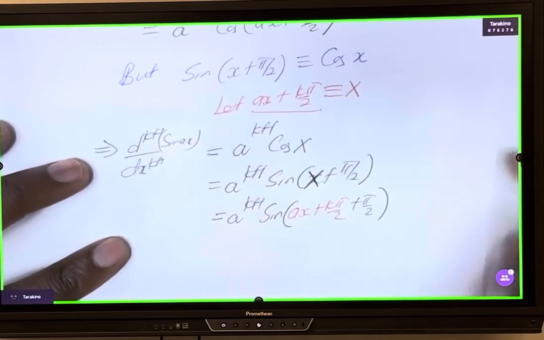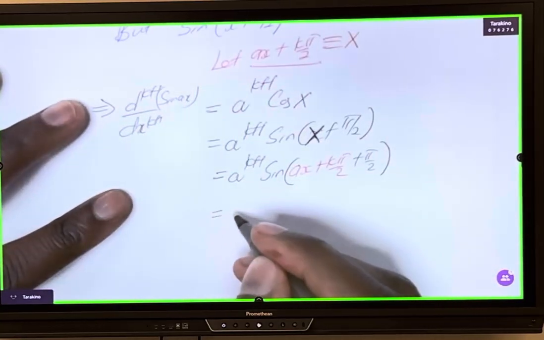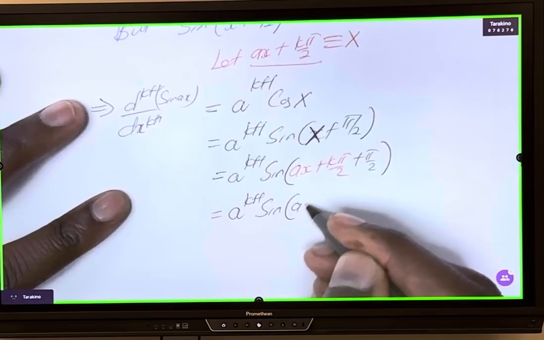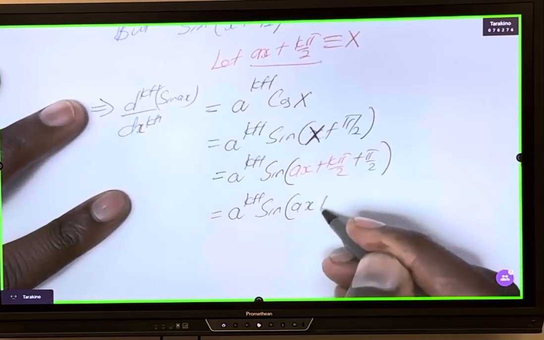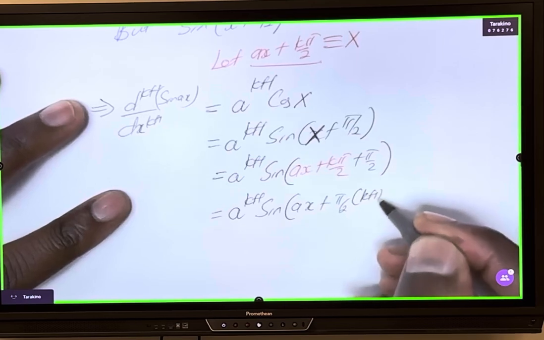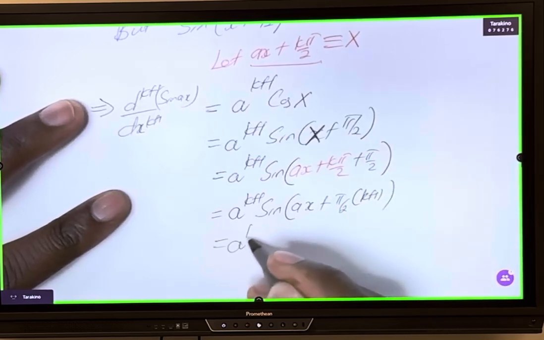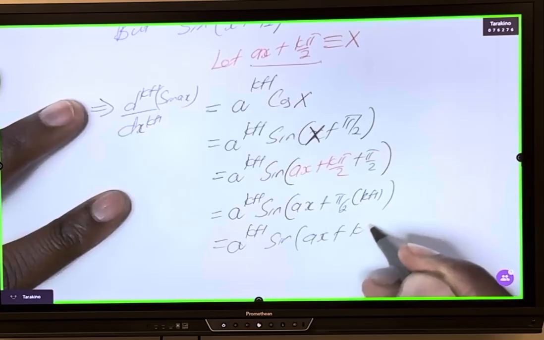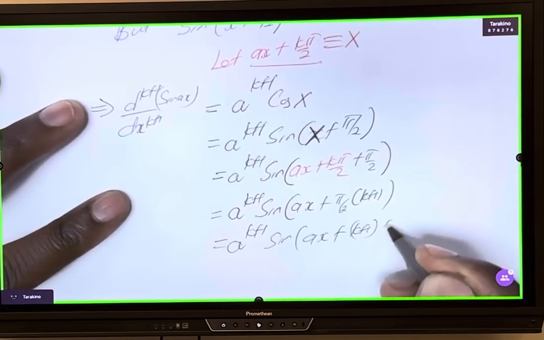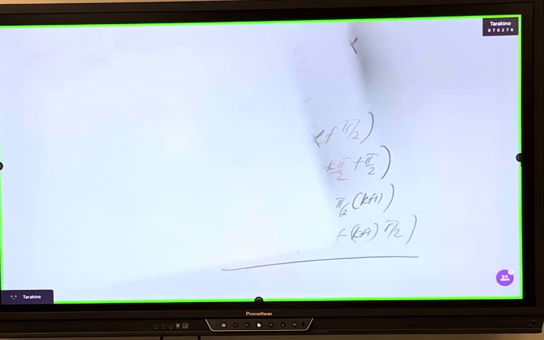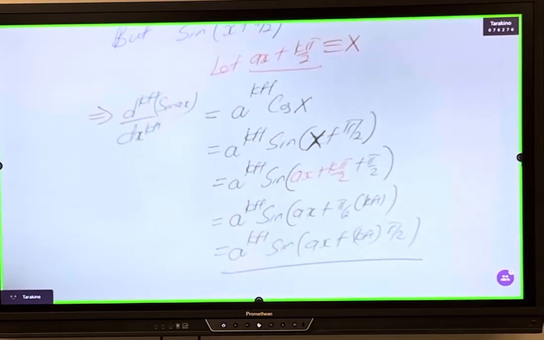Right, we are almost there, which is equal to a to the k plus 1 sine, and this now ax plus, so here I can take out pi over 2 and remain with k plus 1. So it's just a to the k plus 1 sine ax plus k plus 1 pi over 2, which is exactly what we are trying to show.